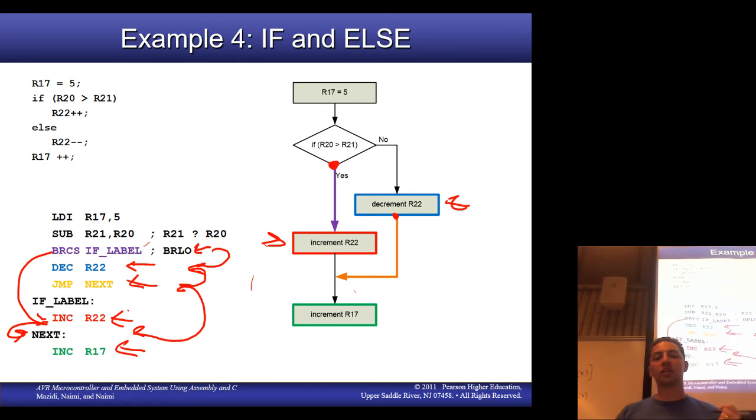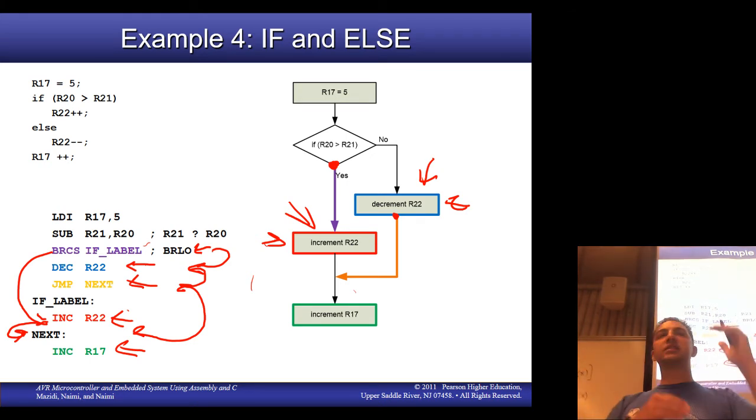Regardless of whether that goes to the blue block or the red block, only one is going to be executed. It does not matter what is in the blue block. Could be 100 lines. Could be one. Doesn't matter what's in the red block. Again, could be many, many lines. What is important is that it's a contiguous block of instructions.